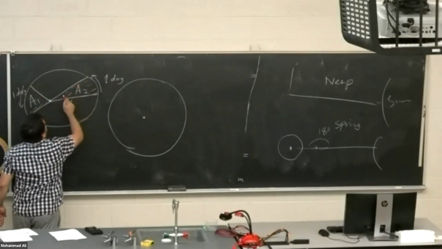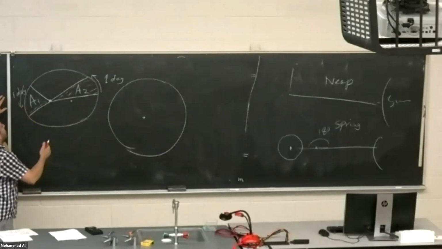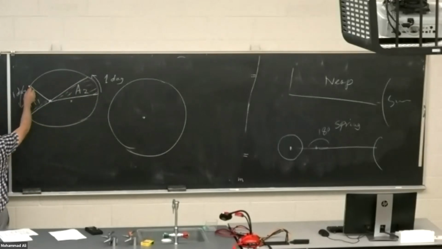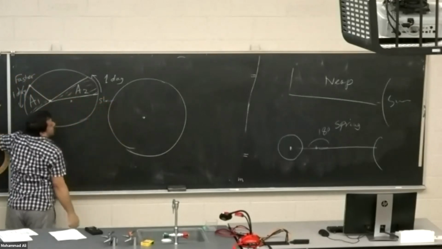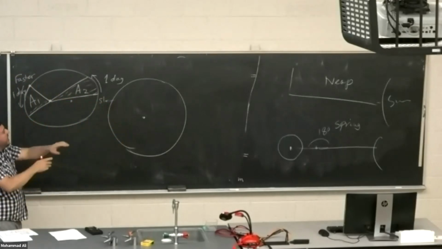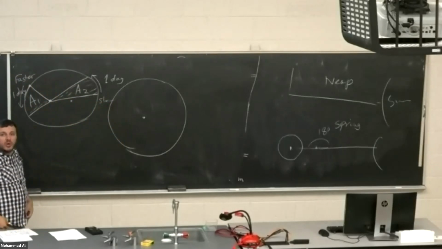Okay? Because of that, we can find this bit of information that the moon or earth here is faster. Here it is slower. And also, if the orbit is bigger, then the rotation is also slower and slower.